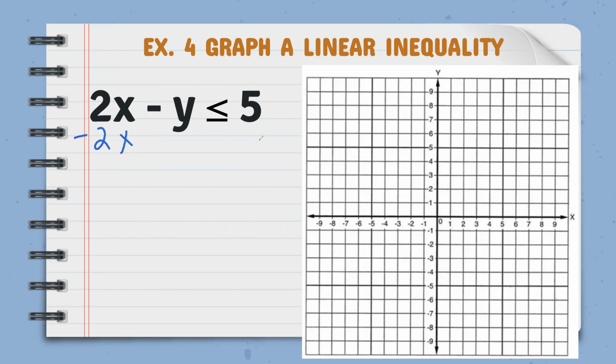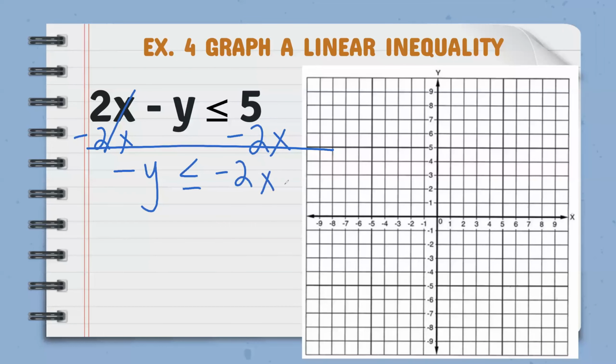I'm going to subtract 2x from both sides. I've got negative y is less than or equal to negative 2x plus 5. I need y by itself, so I'm going to divide both sides by negative 1. What happens if I divide by negative 1 or a negative number?